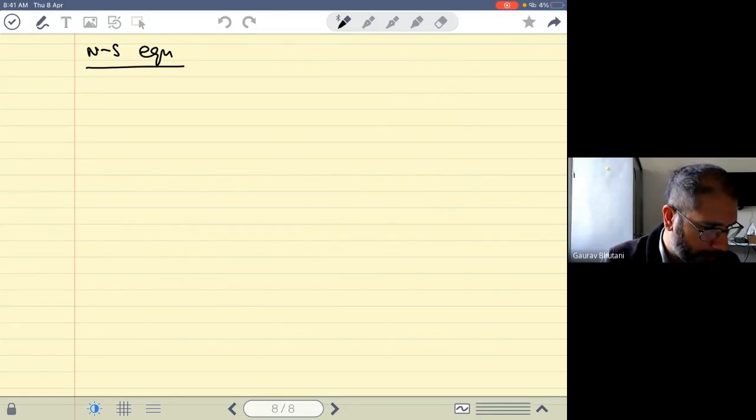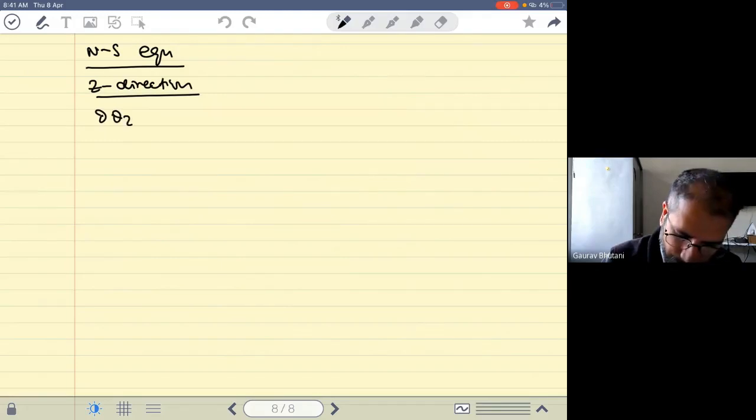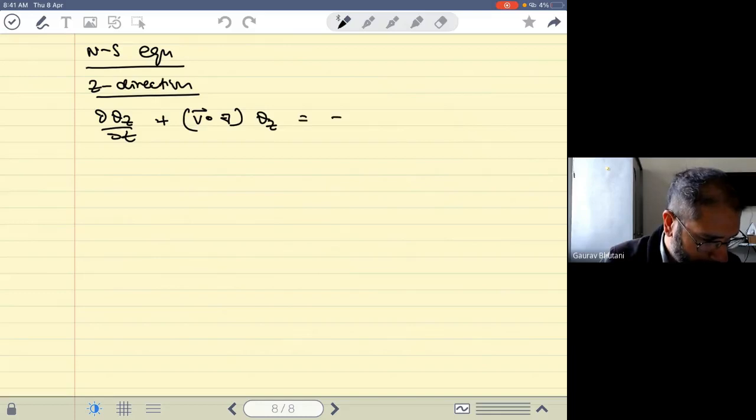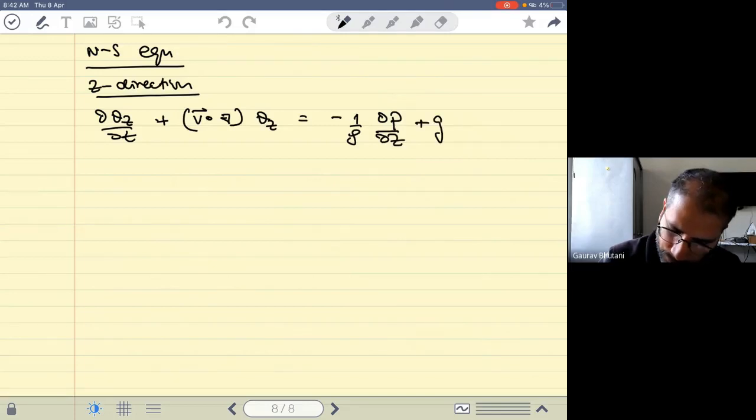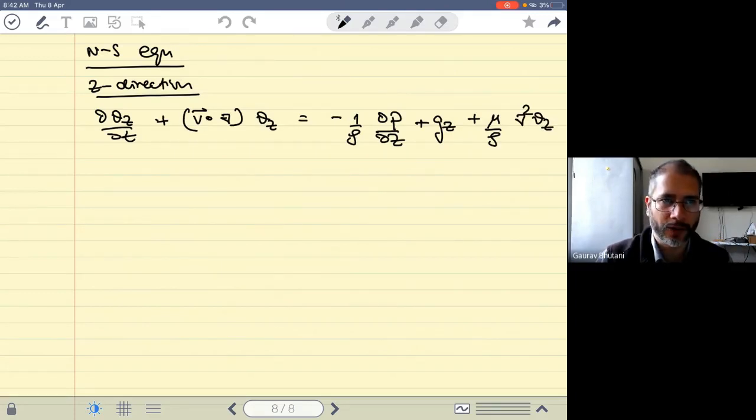The first one is for the z direction. Okay, so this is the z direction Navier-Stokes equation.